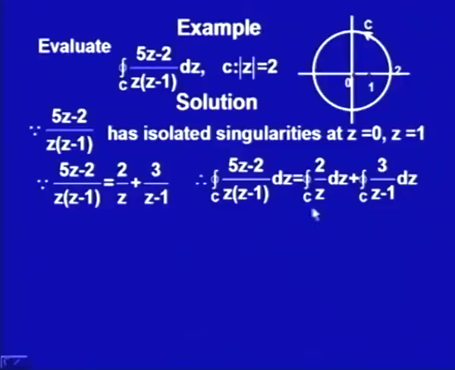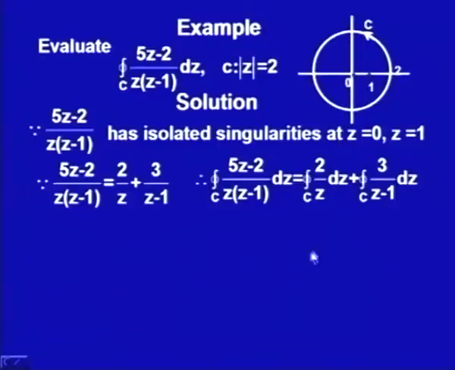By the integral properties, it can be broken into two integrals. So, we get the integral of 2 by z along this contour C, and the integral of the function 3 upon z minus 1 along this C.